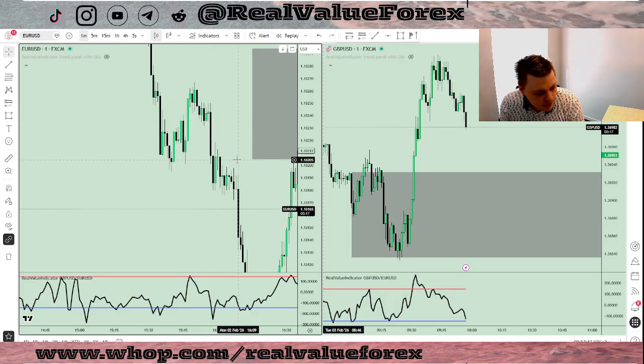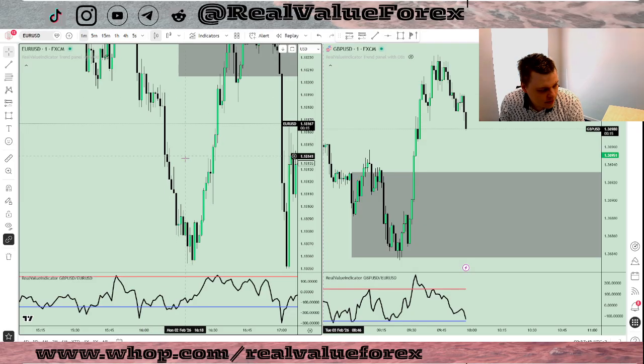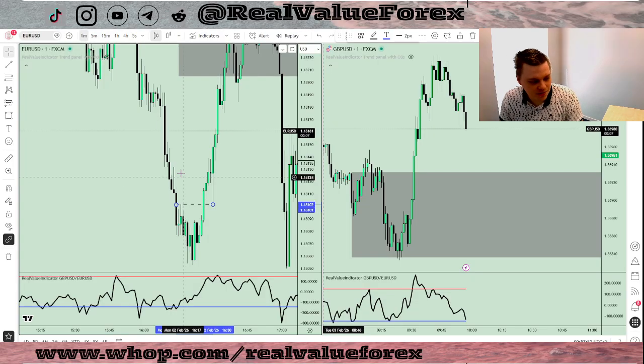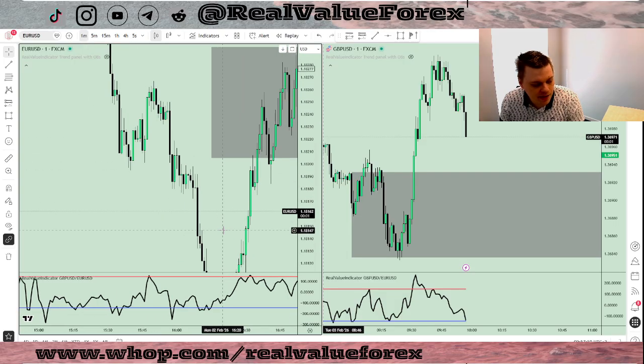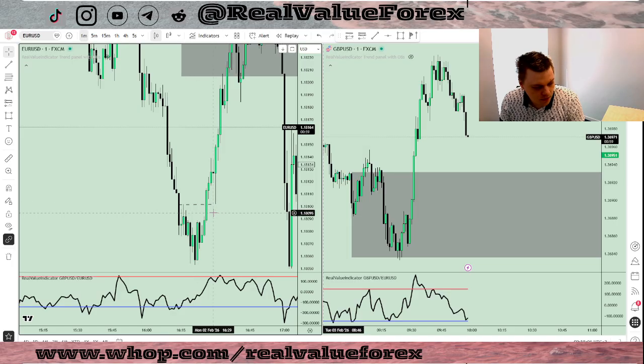Here is our break, and here is also a micro break. Of course it's not a 100% win rate after that, but overall we will get better quality signals because of the micro structure break.